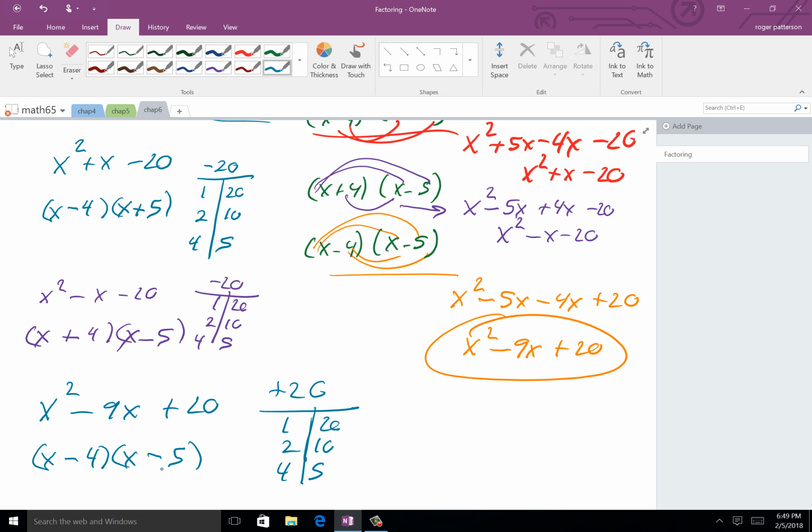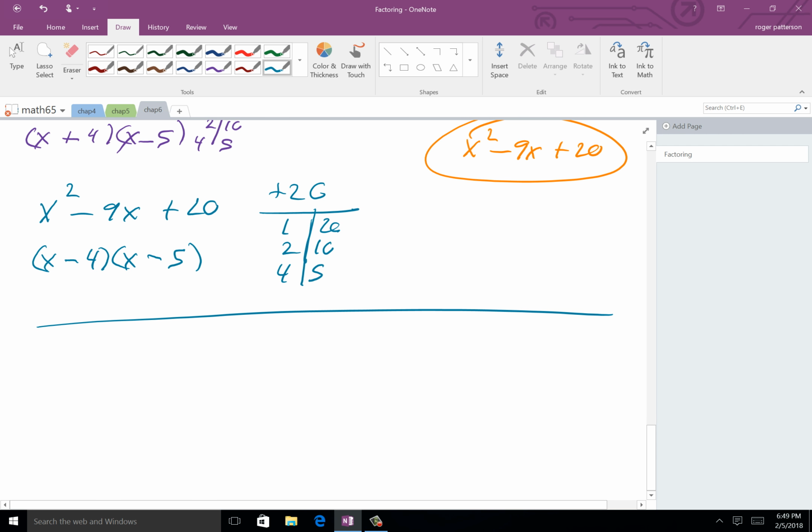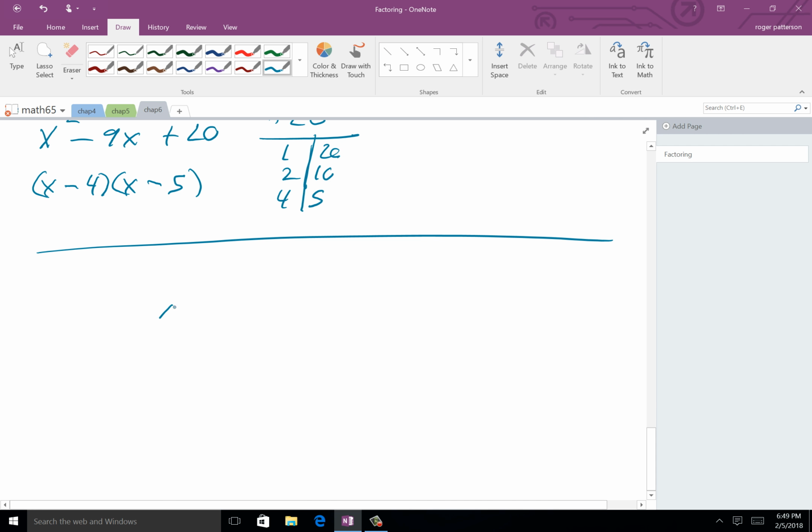So, let's try and do some factoring trinomials. Let's start out with this one. We're going to factor this one. Everything's positive. Good. We're going to find some factors of 18.